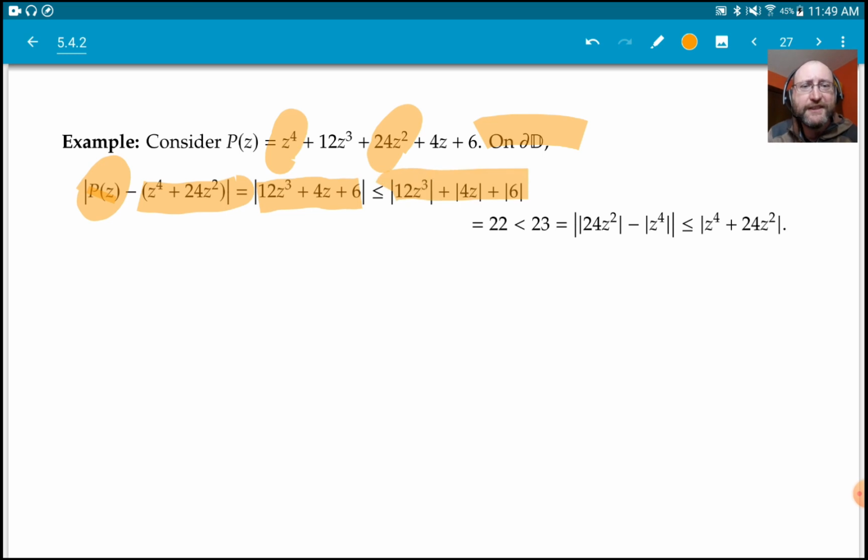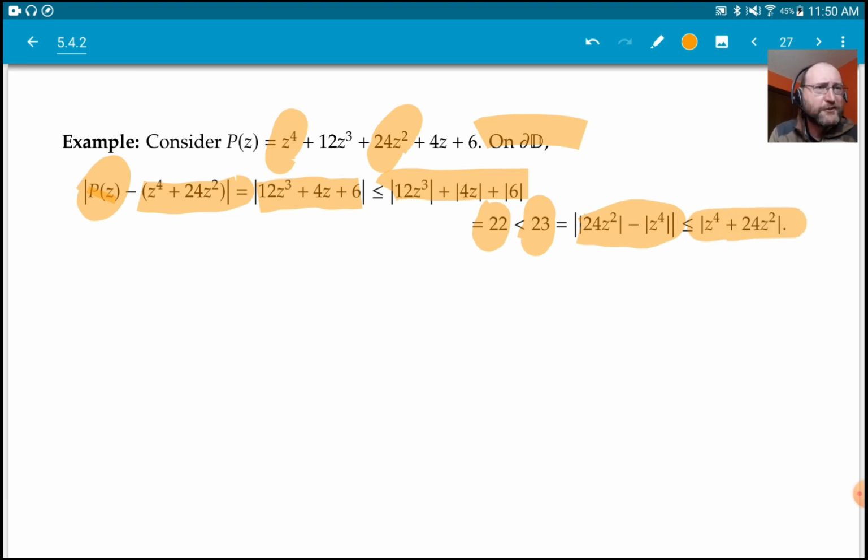Mod z is 1 on the unit circle, so this is just 12 plus 4 plus 6, which is 22, which is strictly less than 23, which is what this is. Well, that's just a funky way of writing 23 if z is on the unit circle, right?